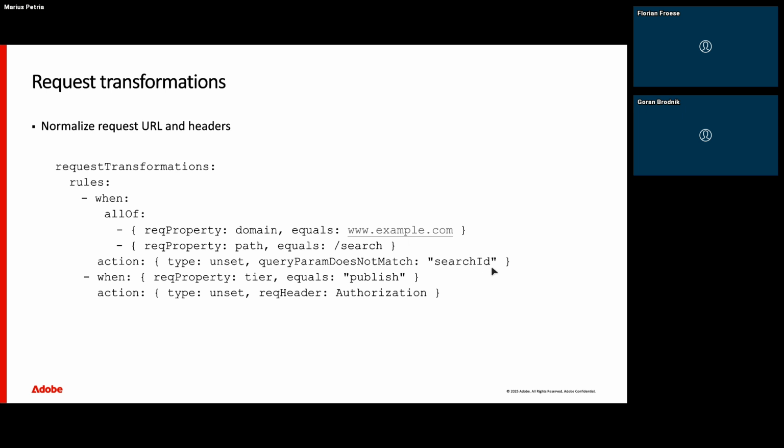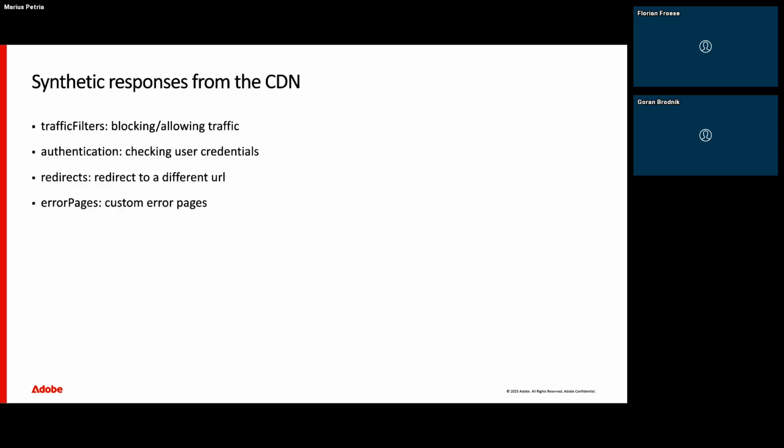So essentially you only allow one query parameter to your application, removing all the others. The second rule is unsetting a request header. As I said, these kinds of conditions can be used in all rules, but I will not go through all of these. Some of these will be covered by my colleagues.